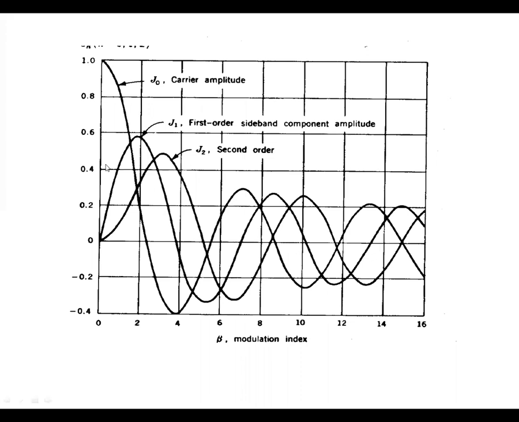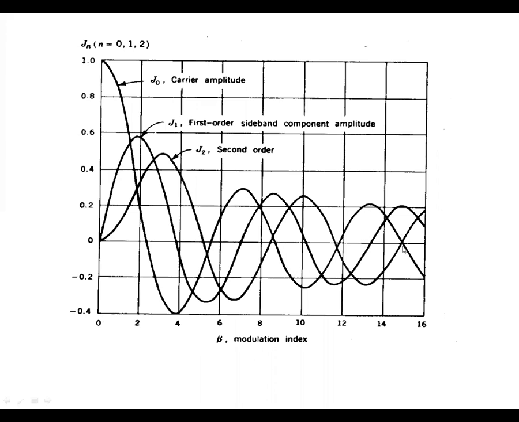Then the harmonics are there. For example, the harmonics are given as Jn, where n is equal to 0, 1, 2, 3, 4. J0 is the carrier amplitude, and the magnitude is 1, and it is the sinusoidal wave.